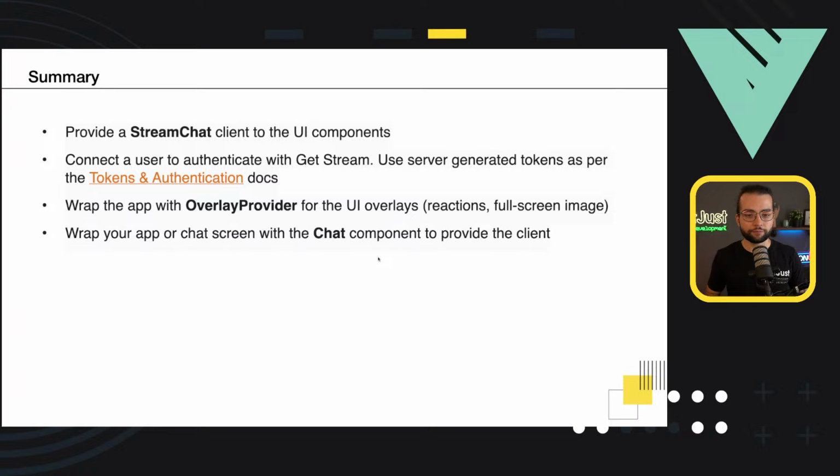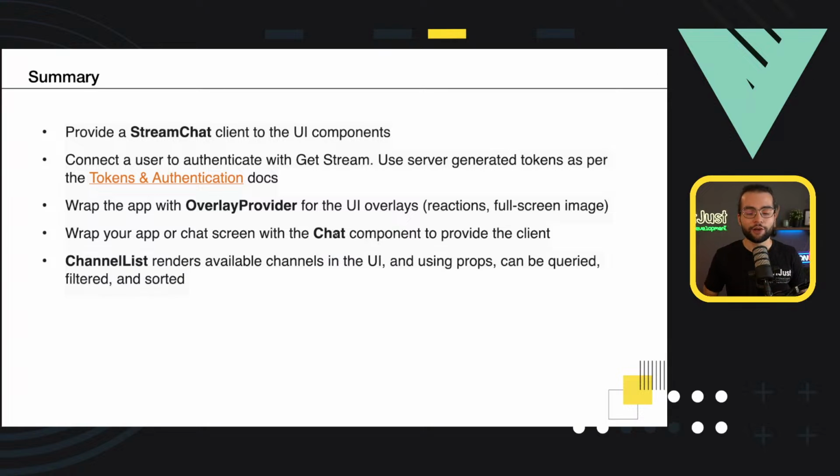The next step was to wrap our whole application, or only the screens that depend on the chatting functionalities, inside the chat component. We use the channel list to render a list of channels on the screen. For now, we have only one channel, but in a moment, we're going to be able to initialize one-to-one conversations.